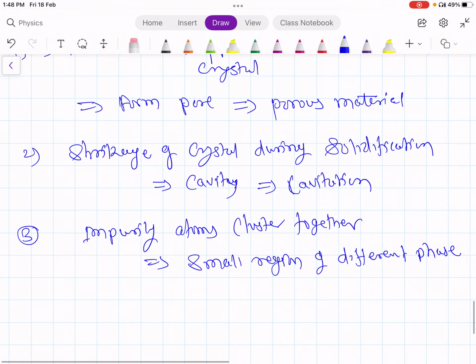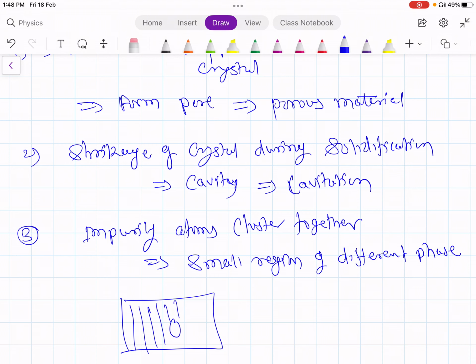So in the material, suppose this is the material, and in between there is a region of impurity atoms. It has a completely different phase. So this is about the volume defect.